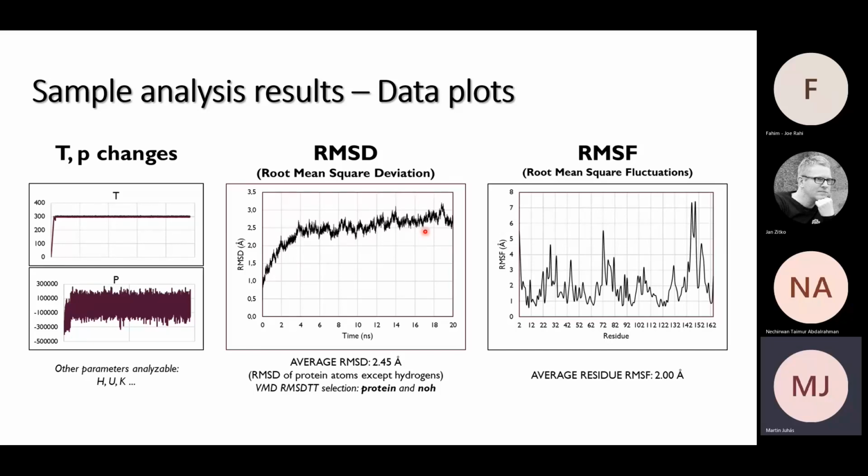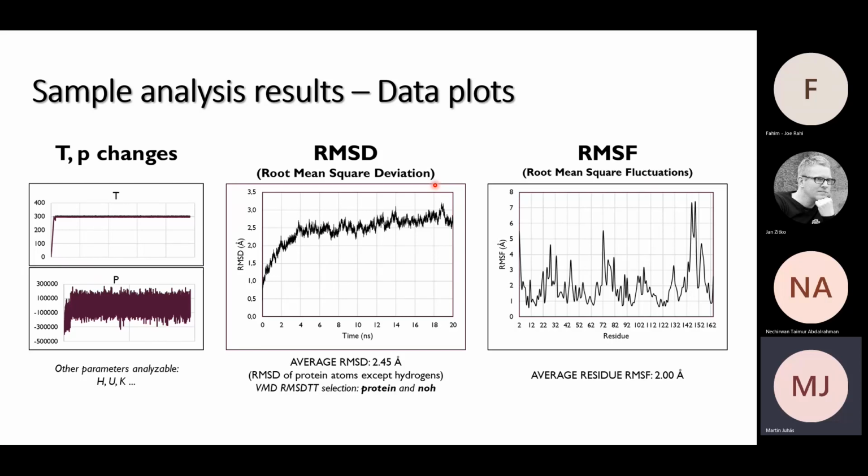If it's at the same range, so it's around 2.5 and it doesn't change, then it's usually fine. If you had one value reaching around 2.5 and then something would happen and it would go back or go up, then it usually means that there is some very big conformational change. So usually it means that it wasn't equilibrated well enough from the previous stages.